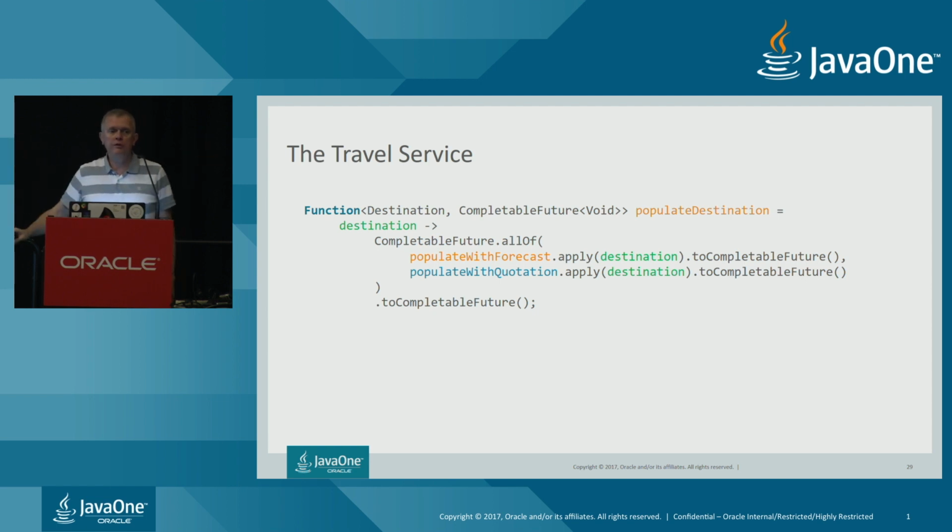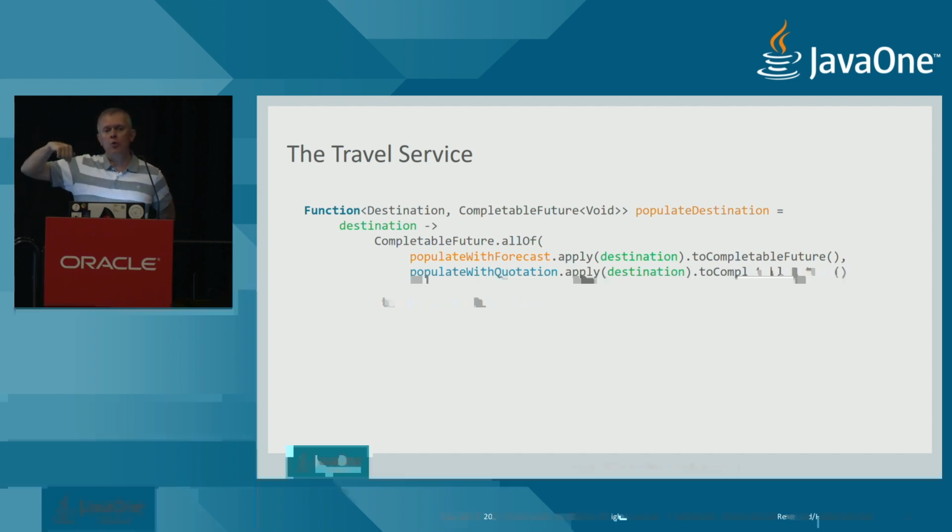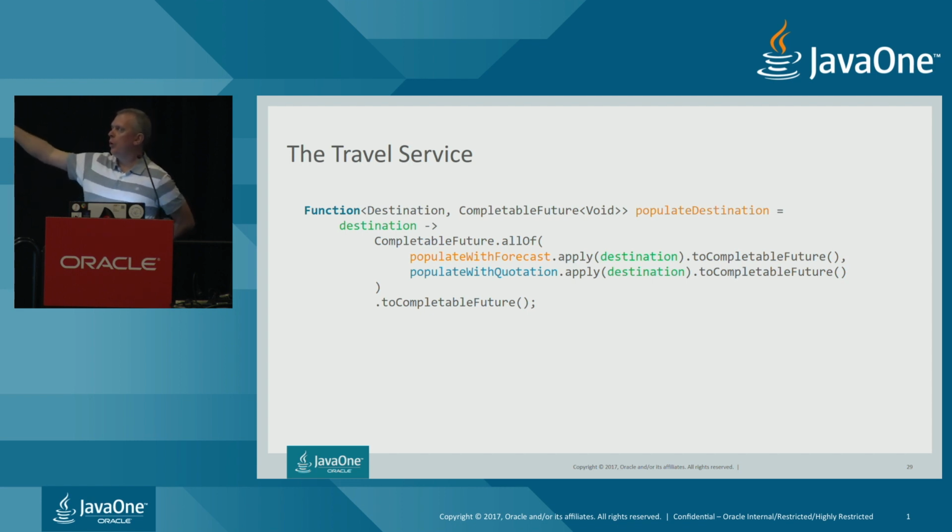For that, I am going to use this static method from the CompletableFuture class, CompletableFuture allOf, that returns a completion stage that I can get as a CompletableFuture using the toCompletableFuture method. Then this allOf object will be completed once all the passed completion stages are completed themselves.